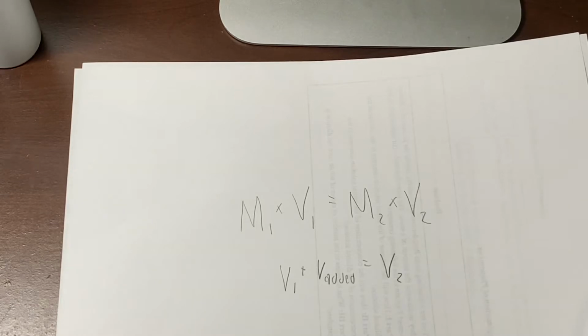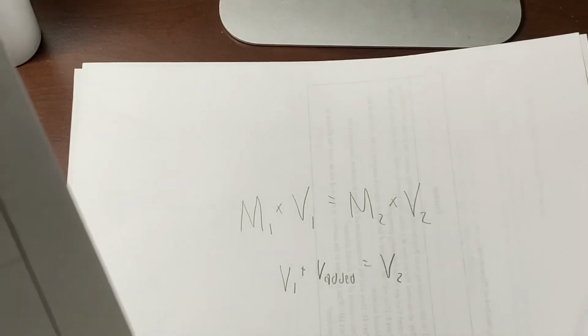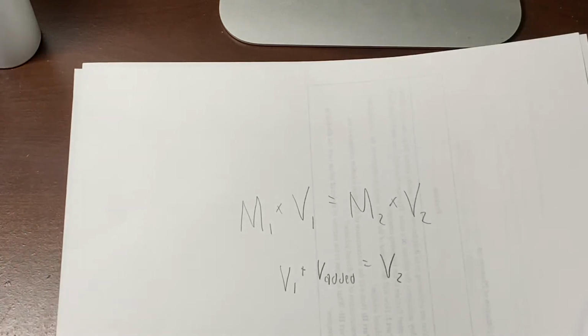Well, the initial volume is always less than the final volume. How will the concentration of the initial solution compare to the concentration of the diluted solution? The molarity of a diluted solution is always less than the initial solution.